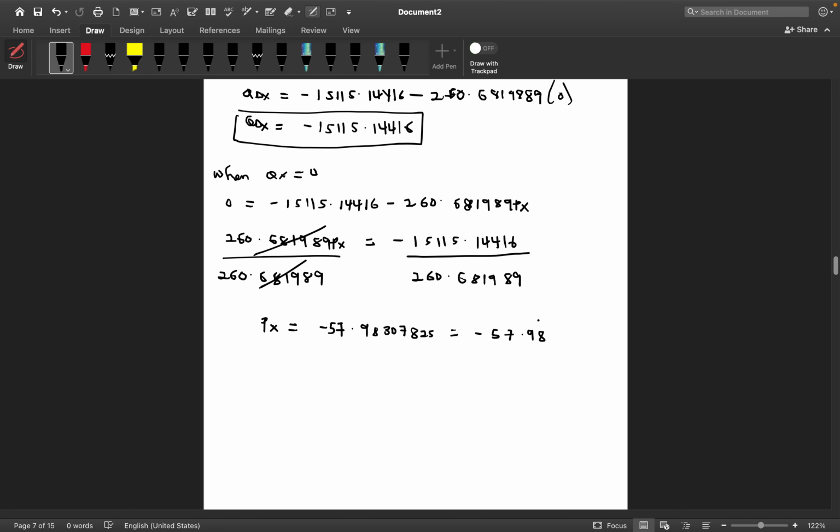So this is the price, and this is the quantity.